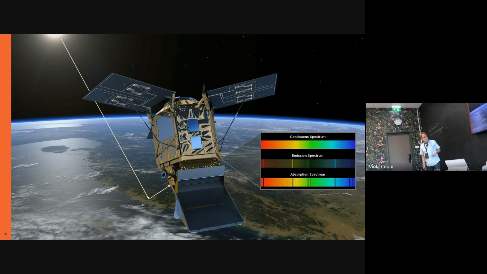That tells us something about the atmospheric composition at that location on Earth. So that's the basic idea. So we need to simulate the transport of radiation through the atmosphere in this case.